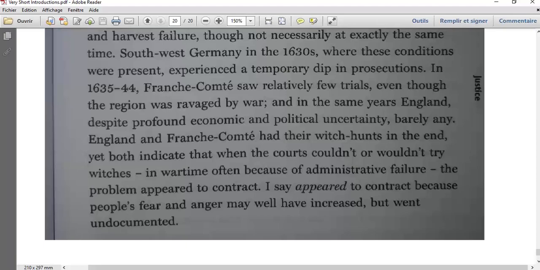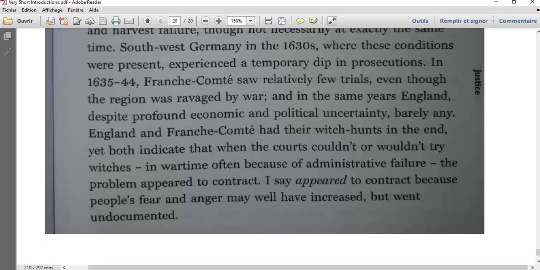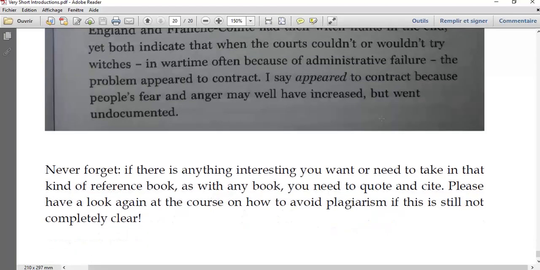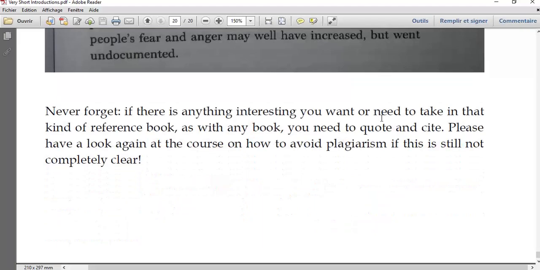Don't hesitate, of course, to open the PDF file and have a second look at the various points I underlined or commented on. But more importantly than anything, never forget, if there is anything interesting you want or need to take in that kind of reference book, as with any book, you need to quote and cite.